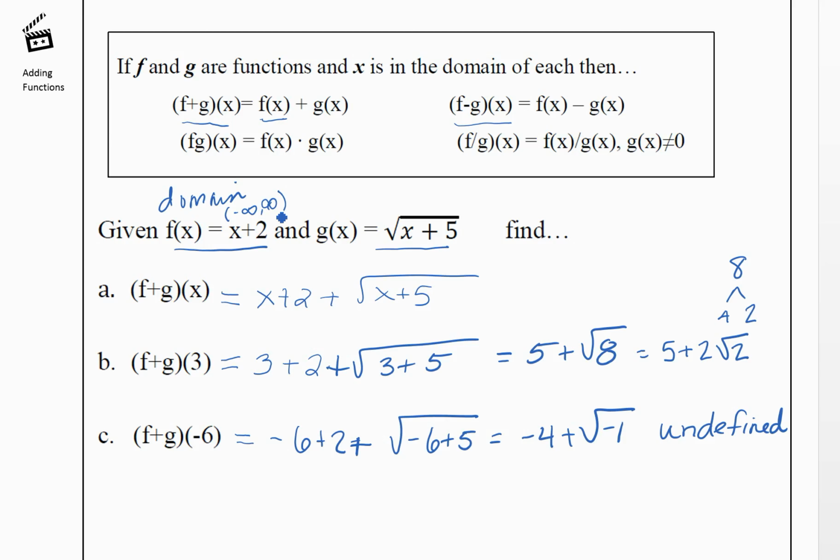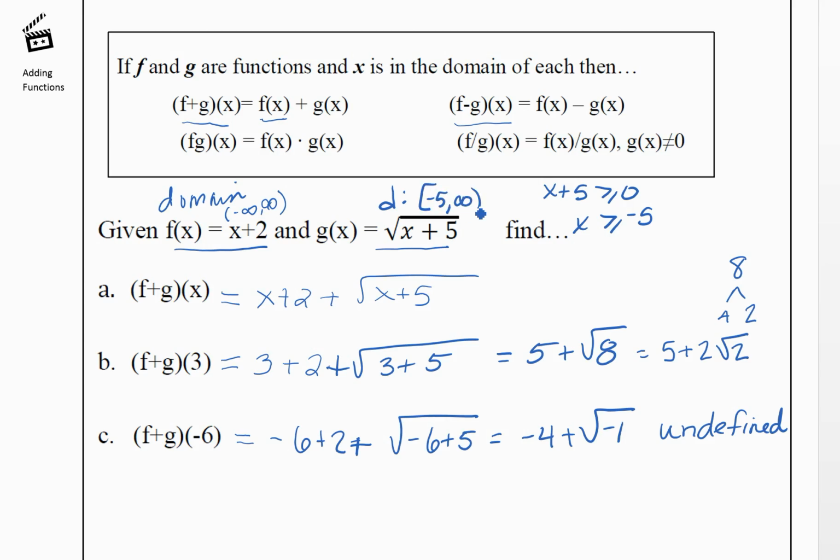To find the domain of radical functions, we've talked about how you take the radicand, the thing under the square root, set it greater than or equal to 0, and solve for x. So we'd get that x has to be greater than or equal to negative 5. So the domain of g of x is from negative 5 to infinity, and negative 6 is less than negative 5.